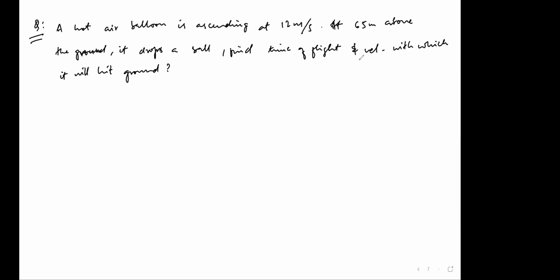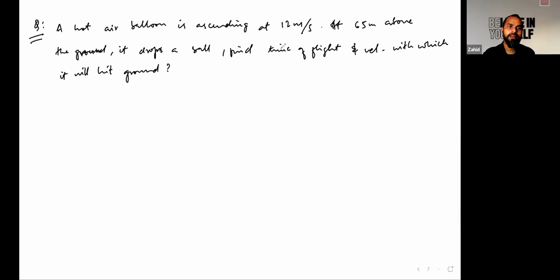Sir, is the acceleration 12 meter per second? Acceleration? This is the initial velocity of the hot air balloon. In all cases, take acceleration to be gravity, which is 10 meter per second square, or 9.8 if mentioned in the problem. Okay, sir. Here the balloon is ascending in the upward direction with this much velocity.